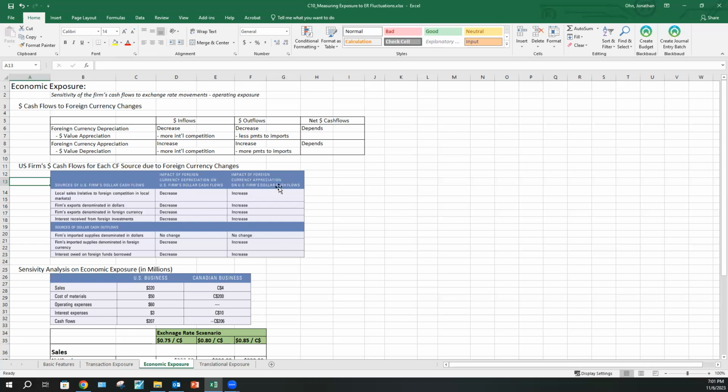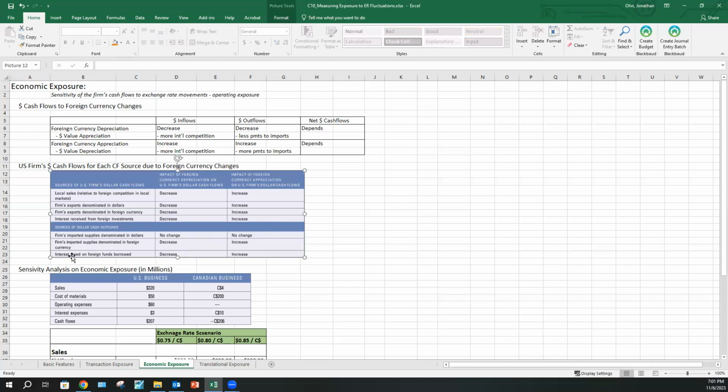Now, if the company's imported supplies are denominated in dollars rather than foreign currencies, that will not change the US dollar cash flows. No changes. It makes sense, right? If the imported supplies are denominated in foreign currencies, of course that decreases.